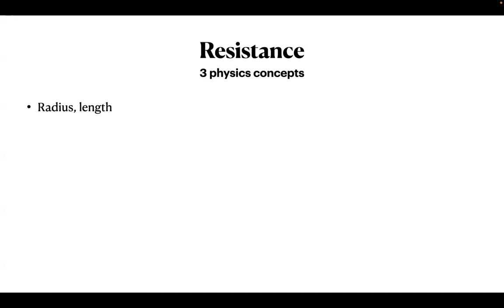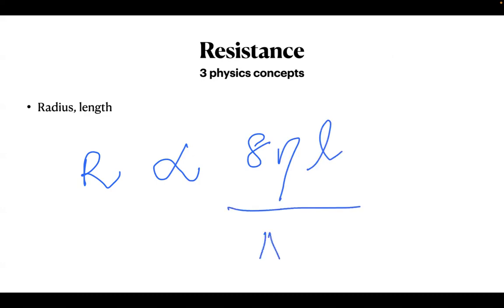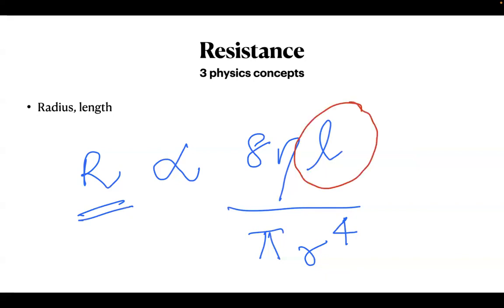The first one being that resistance is proportionate to 8 eta L divided by pi r raised to the power of 4. So all of us are quite familiar with this, but we will understand only 2 simple things, that the resistance is directly proportionate to L, or the length of the tube through which the fluid is moving, and inversely proportionate to the 4th power of the radius of the tube through which the fluid is moving.